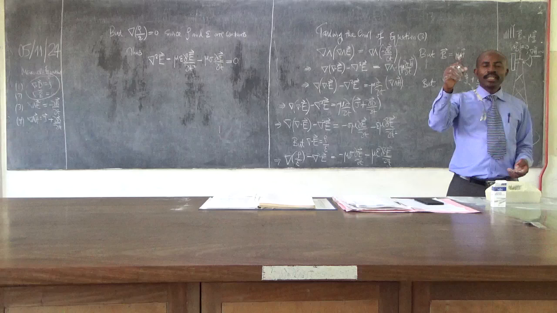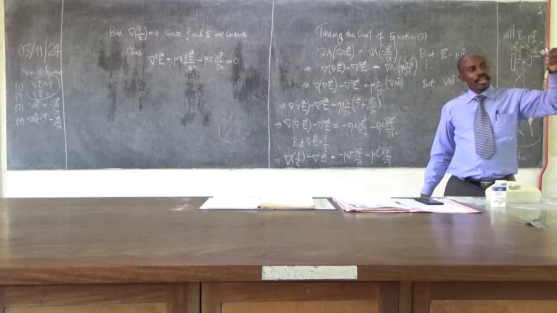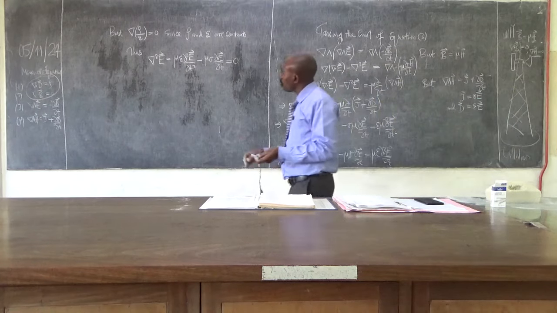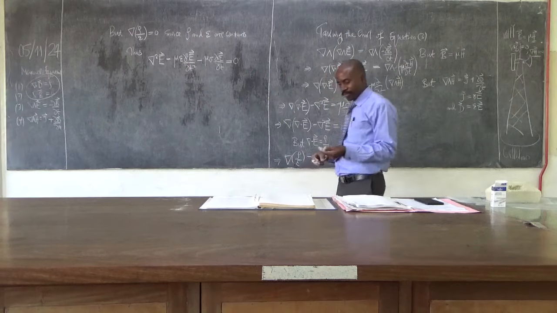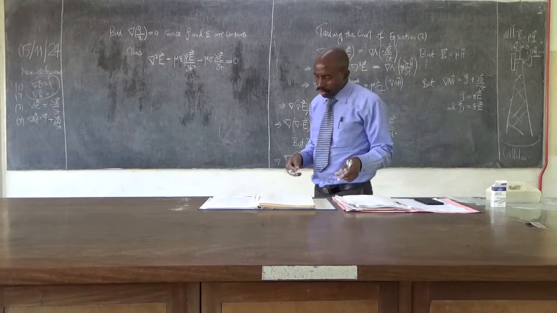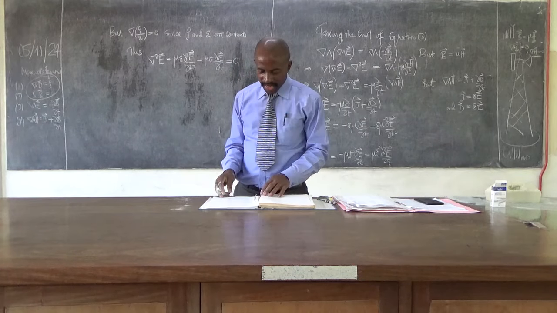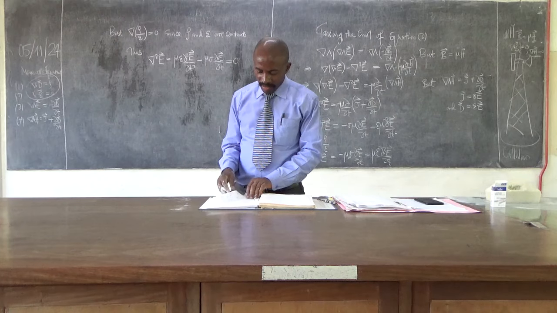So when we take the curl of E again in equation 3, we have the electric field moving following this equation. I was not labeling these equations, but let me label them.